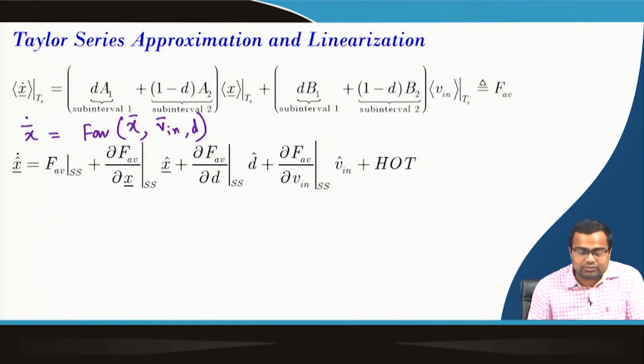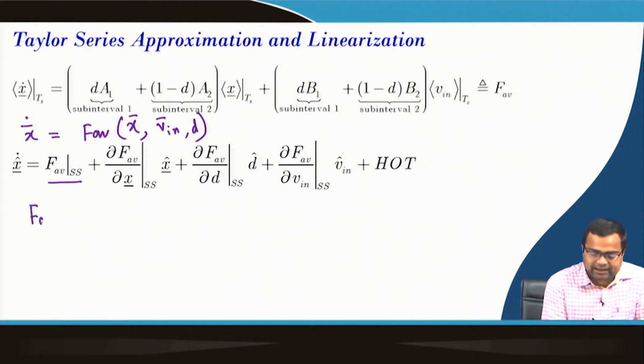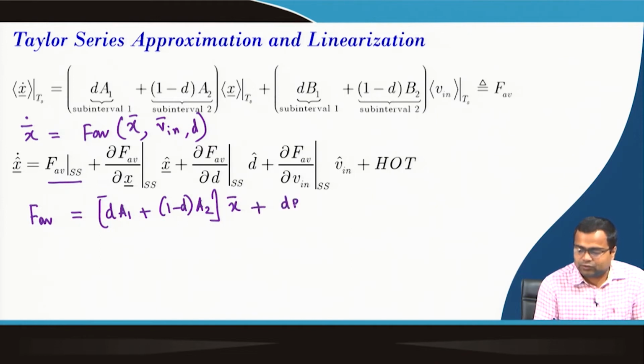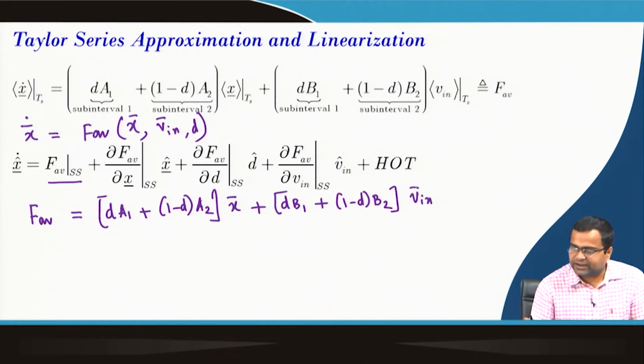How can we find F average under steady state? What is our F average? We know that it is d into A1 plus 1 minus d into A2, times x average, plus d into B1 plus 1 minus d into B2, times V in average.